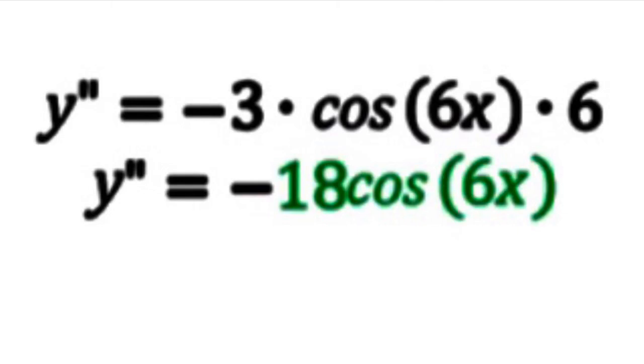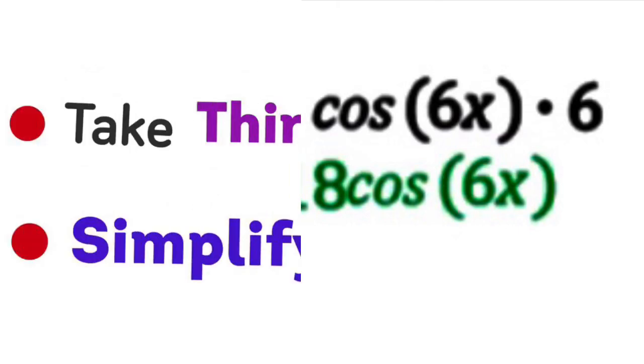We will get y double dash is equal to minus 3 into the derivative of sine 6x will be cos of 6x into the derivative of 6x. So its derivative will be 6. Now simplify. We will get y double dash is equal to minus of 18 into cos of 6x. This is your second derivative.